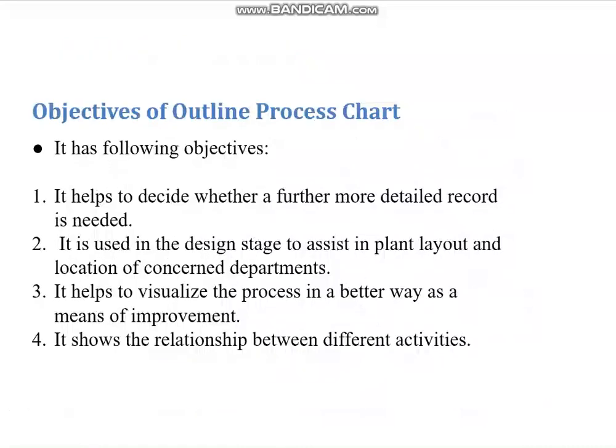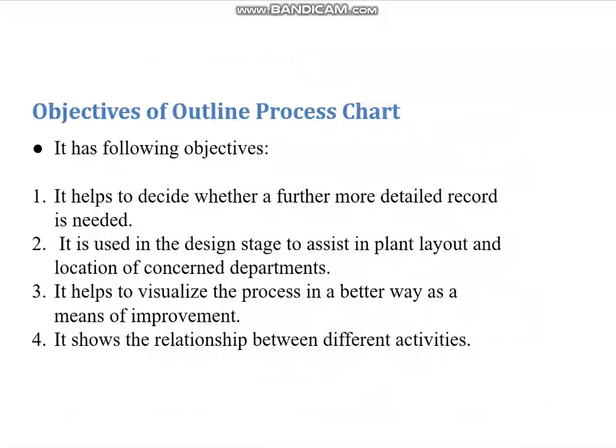Now, what are the objectives of the outline process chart? It helps to decide whether further detailed recording is needed or not. If you think it is needed, then you draw a further process chart. Otherwise, it is not necessary, because this is only giving you the outline.